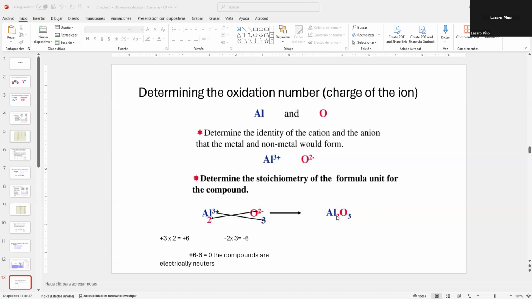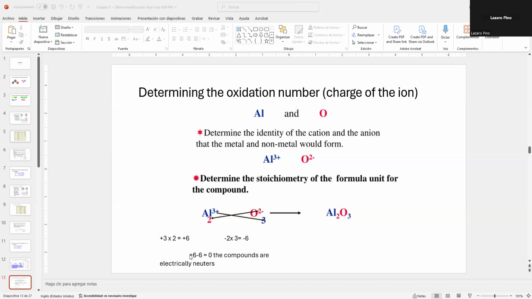What is the reason? Well, the charge of aluminum is +3 times 2, which is +6. Then the charge of oxygen is -2, but as we have 3 atoms of oxygen, we multiply and we get -6. +6 is the total charge of the cations, in this case 2 aluminum per 3 atoms of oxygen.